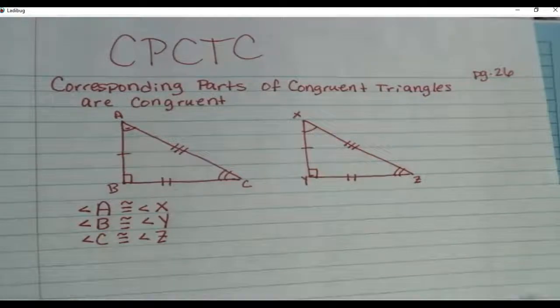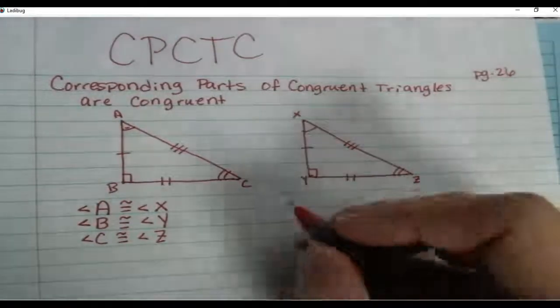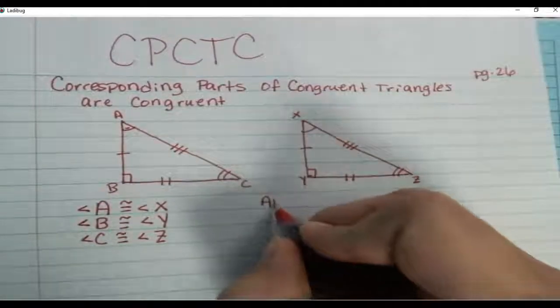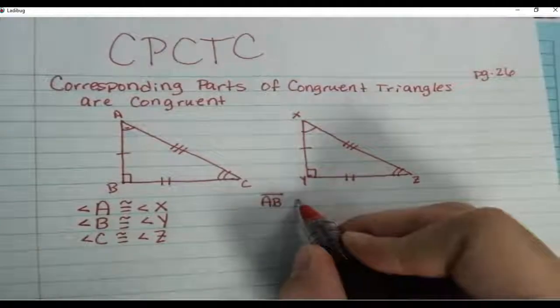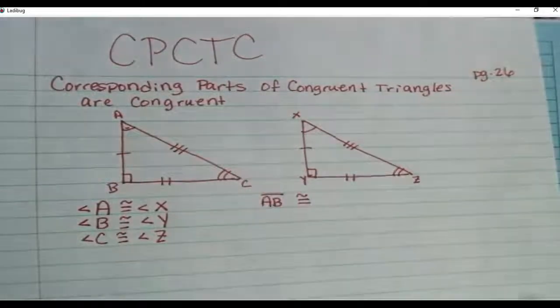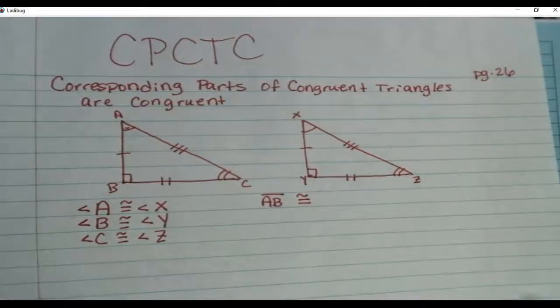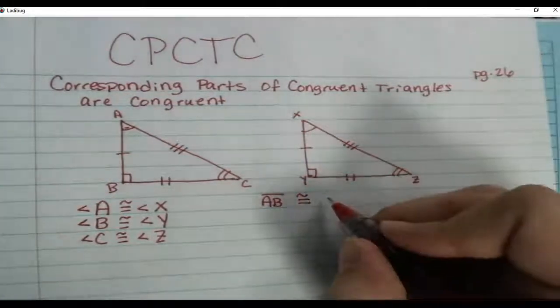So then we can also list the sides. So I could say side AB is congruent to which side? Yeah, XY.